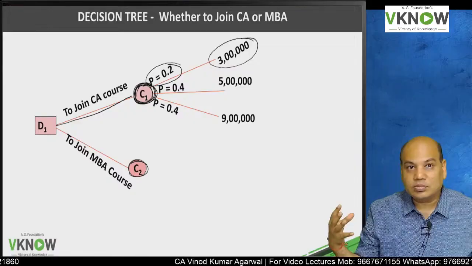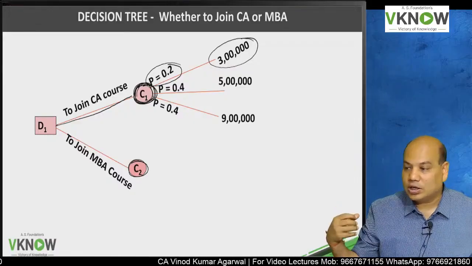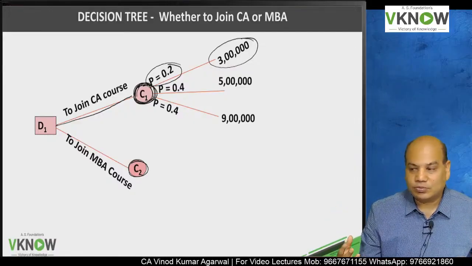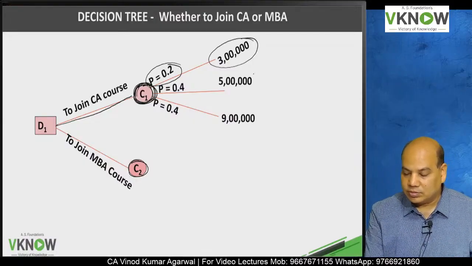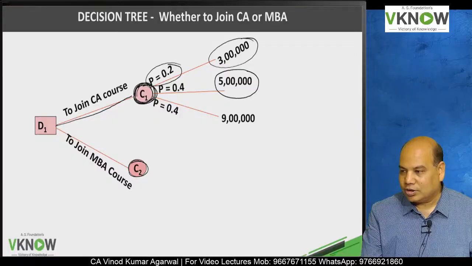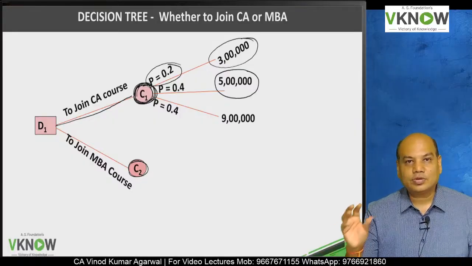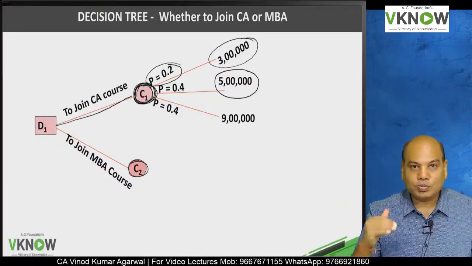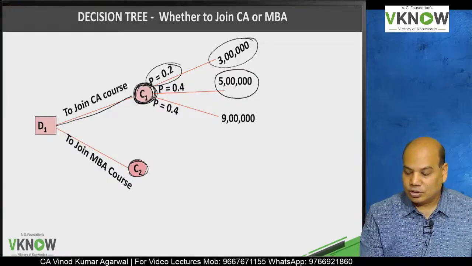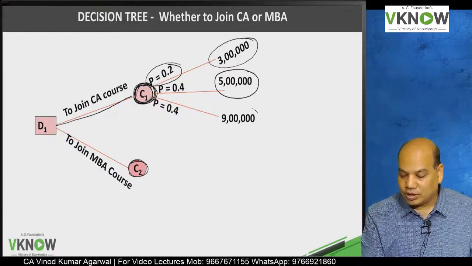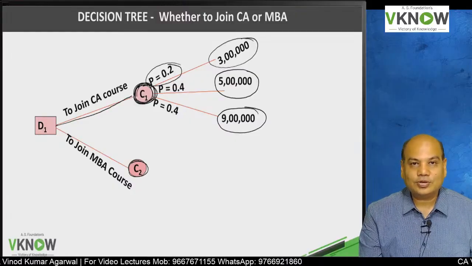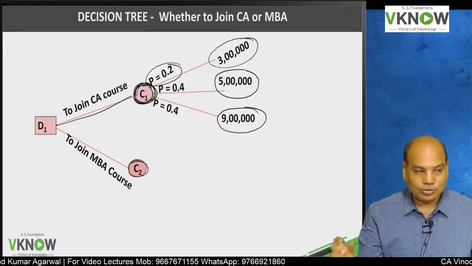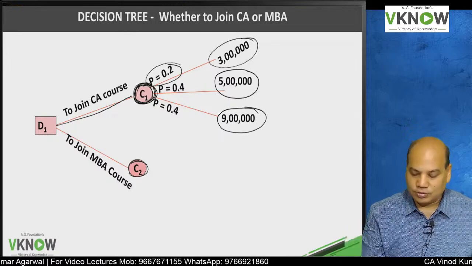You will become CA and you will get a salary of 3 lakh rupees whose probability is 0.2. You will become CA, let us say in 1 or 2 attempts, your salary will be 5 lakh whose probability is 0.4. Or you can become a rank holder also and your salary will be 9 lakh whose probability is 0.4.